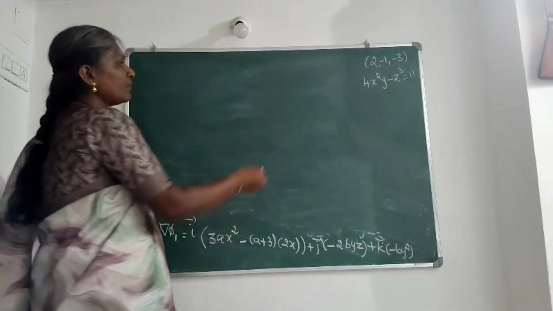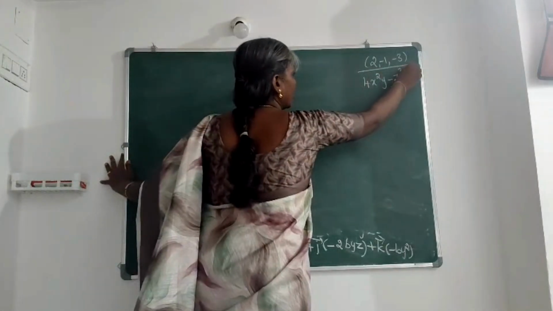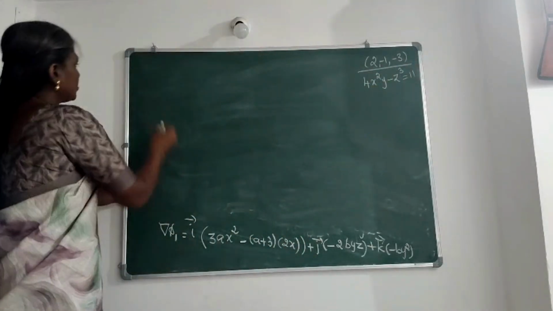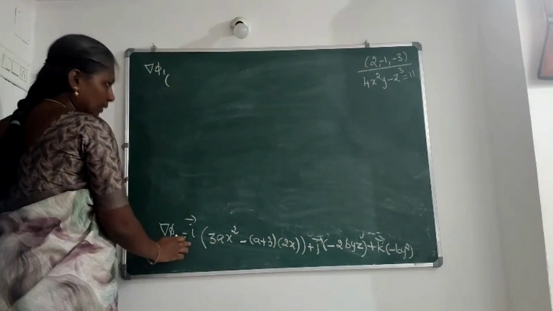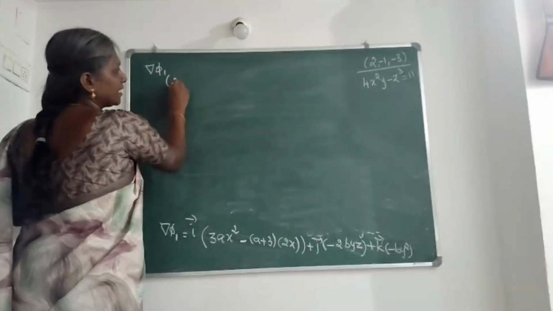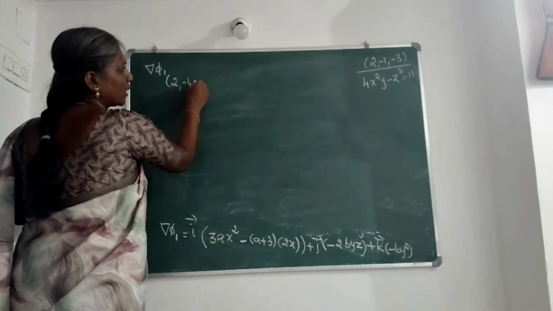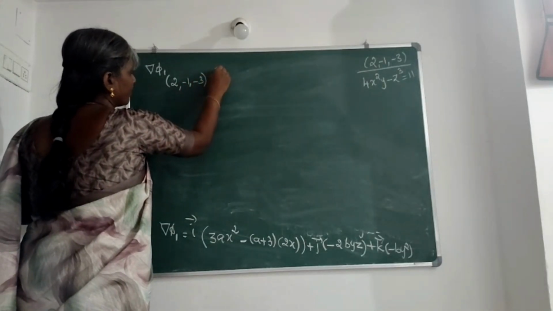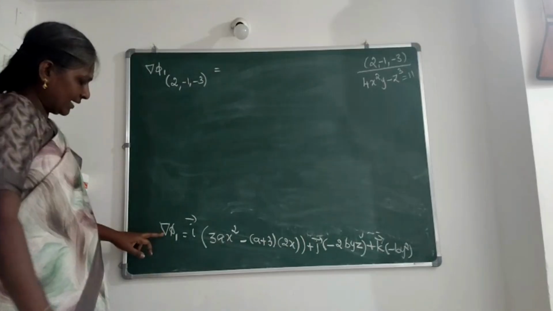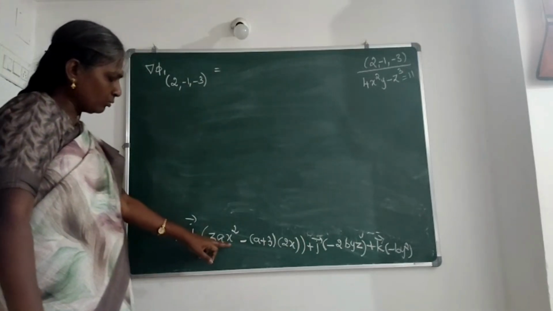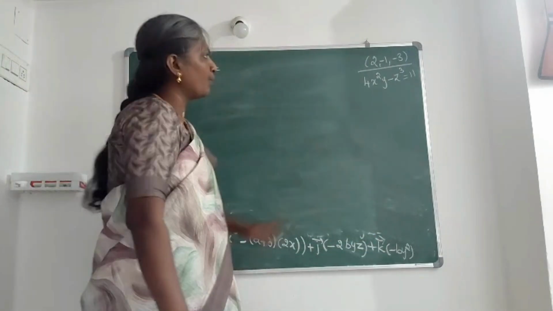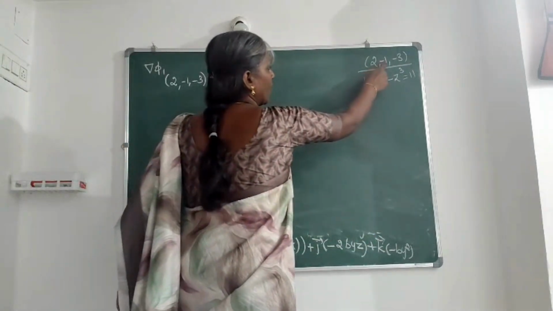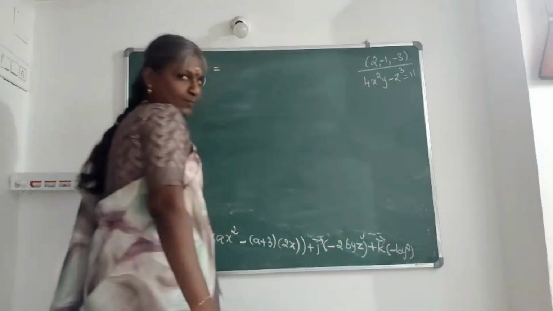In our problem we are already having the point. Now we are going to calculate del φ1 at the particular point. The point is nothing but (2, −1, −3). So in our del φ1 we have to replace the values of x, y, z by 2, −1, −3 respectively.